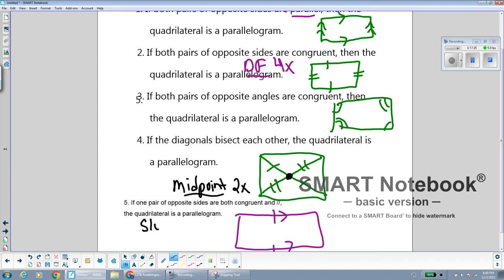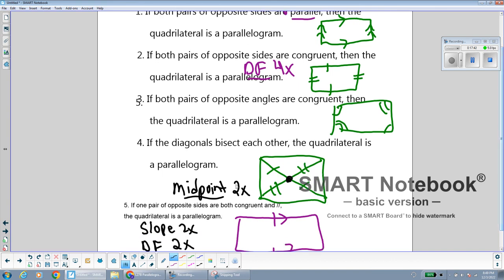That would be slope formula 2 times to show that the sides are parallel, and distance formula 2 times to show that that same pair of opposite sides is also congruent. So you can pick whichever method that you want to use, whichever formula you like best, as long as you are proving one of the properties of parallelograms.